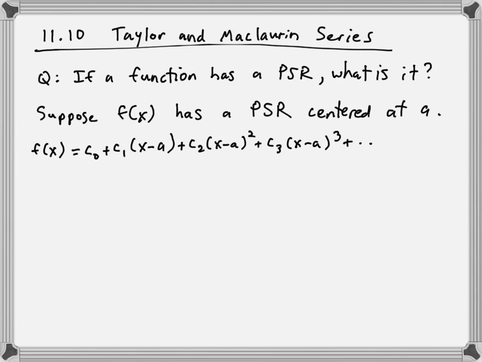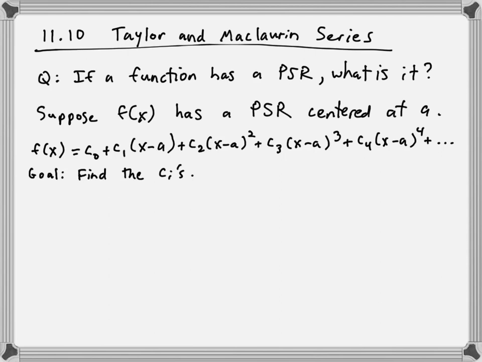Let me write one more here, plus c4 times x minus a to the fourth. This does go on forever, but we're going to develop a pattern right now, so I'm going to write down the first several. So our goal is to find all these coefficients, the c_i's.